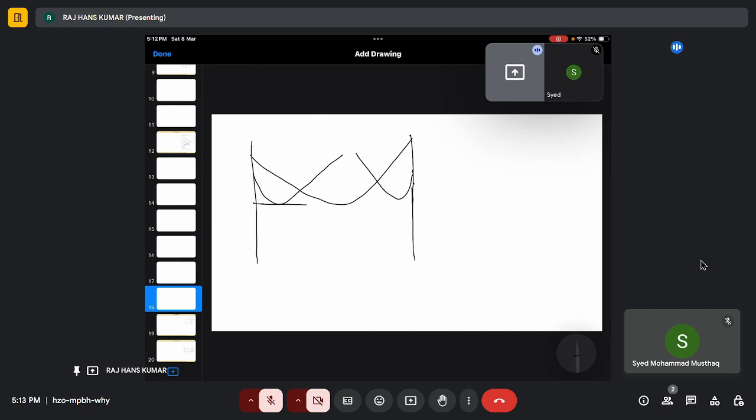If I draw a common tangent, then it will touch them all, right? So this is my alpha, this is my beta, then this will be my alpha plus liquid plus beta. So this is my G alpha, this is my G beta, this is my G liquid. Now that is at T equals T eutectic temperature.